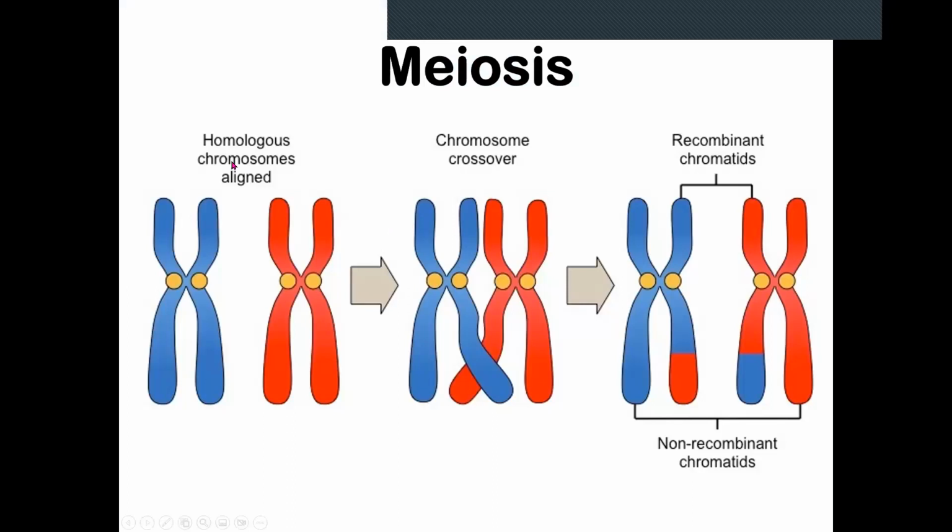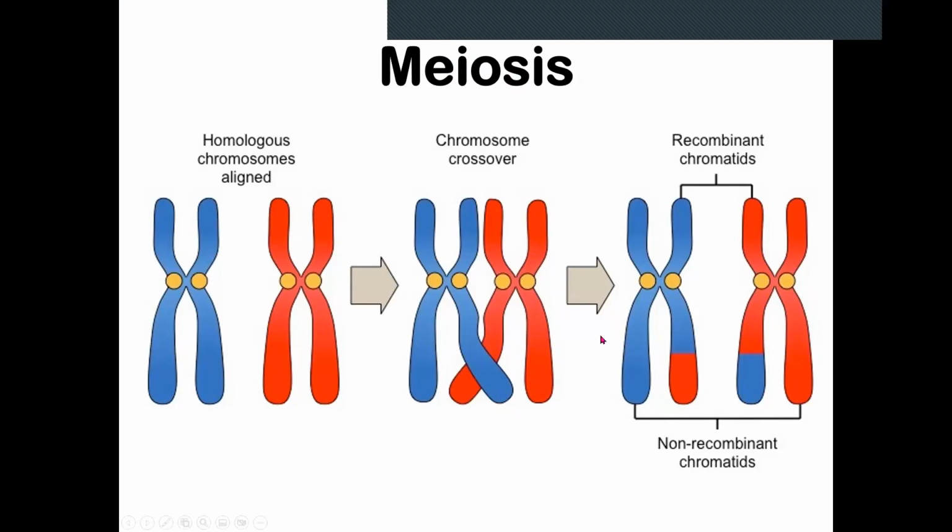Here we have the original father's paternal chromosome. Now they've replicated, so there's two of them. The original mother's chromosomes move around, and then they touch. Where they touch, they break apart and reform.